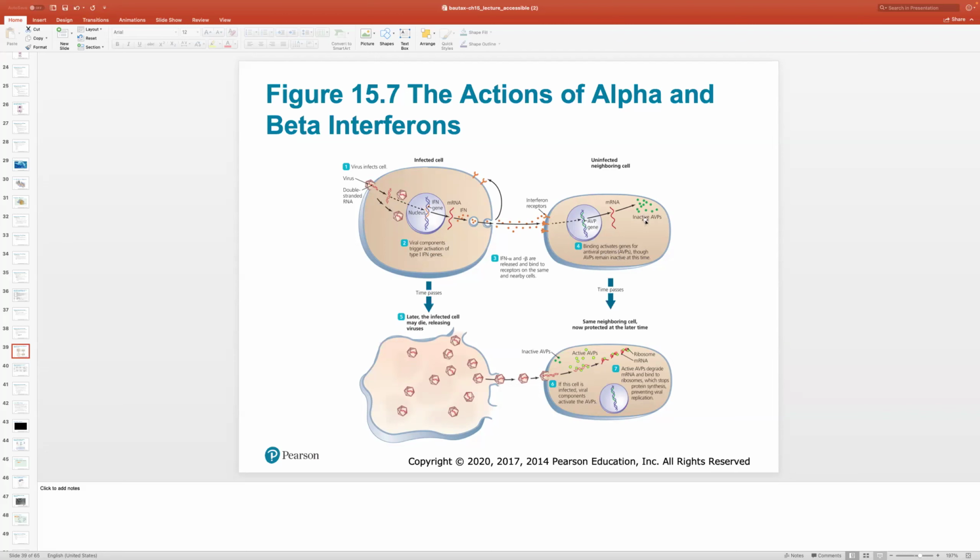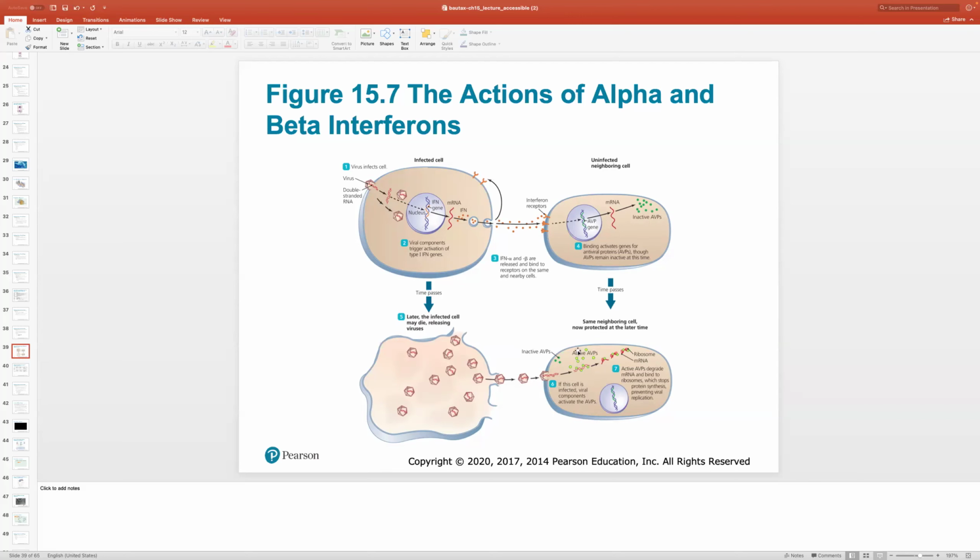And they're inactive, but it makes the messenger RNA, and you've got these inactive proteins. Time passes. Here, with the main cell, it's making more viral proteins, more viral particles. Time passes, and the infected cell dies and releases the viruses. The viruses then infect a new cell.